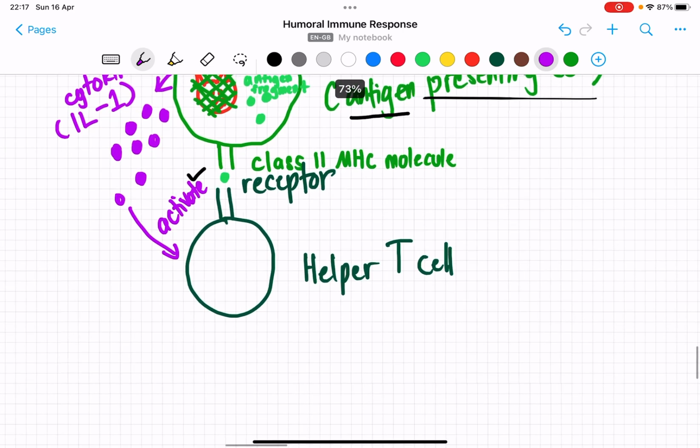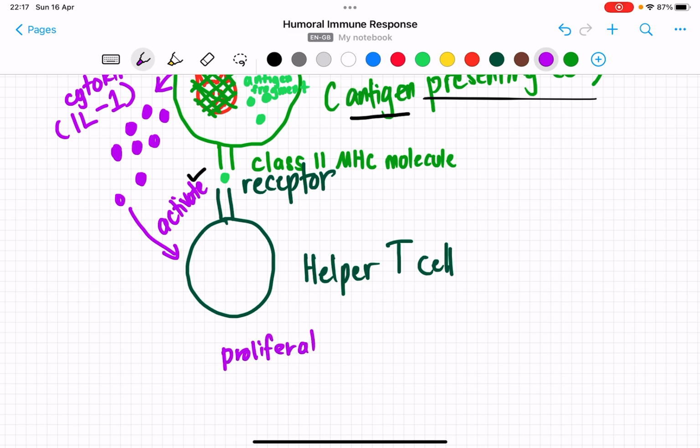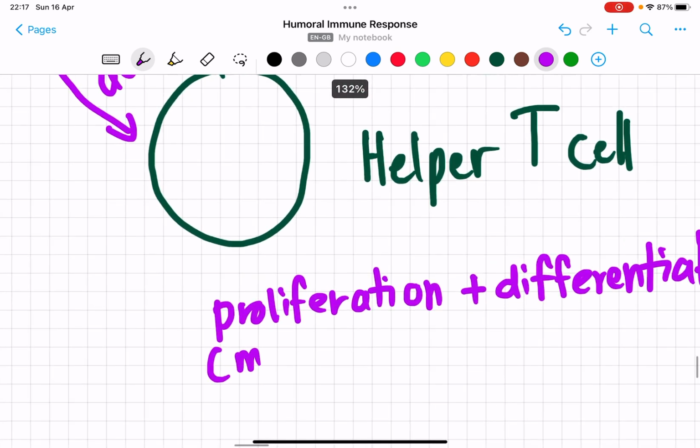Activated helper T cell will undergo proliferation. What is proliferation? Basically, the helper T cell is going to multiply itself, becoming large in number, and also it's going to differentiate. This is going to produce many helper T cells.